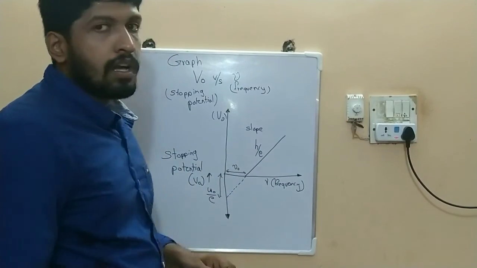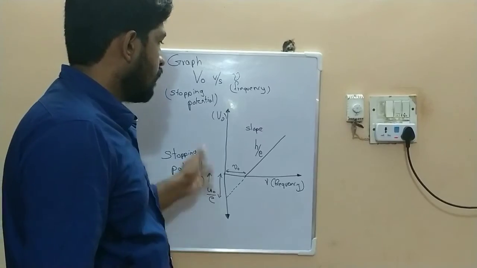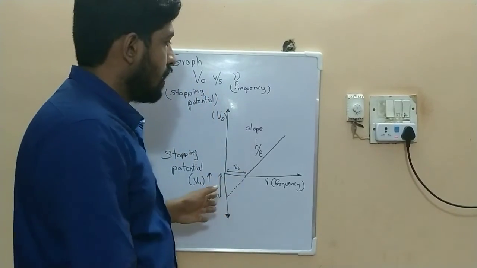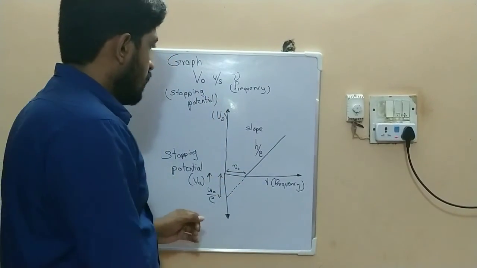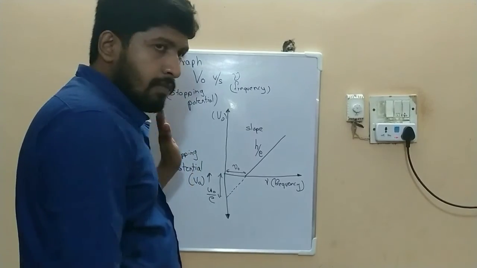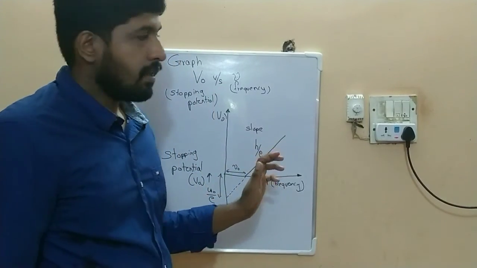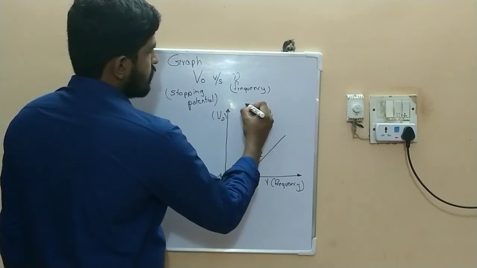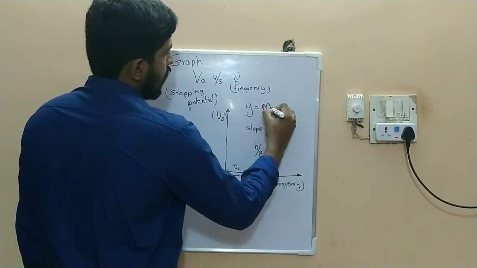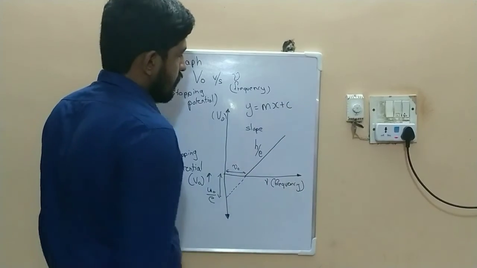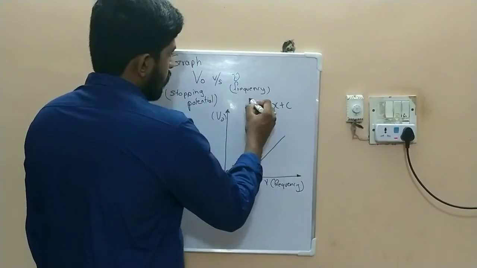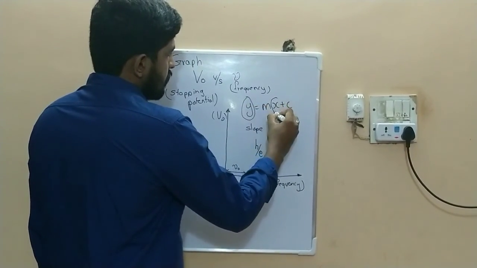So the graph will be in the shape of an inclined straight line. The equation for an inclined straight line is y equals mx plus c, where the two variables are y and x.